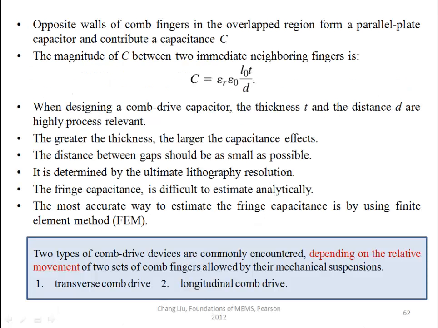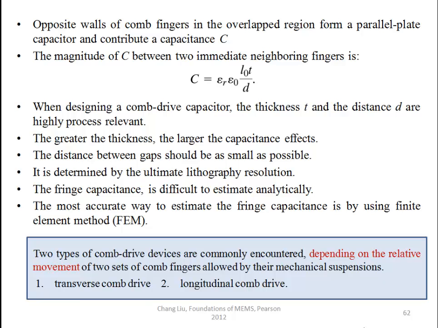Then we can calculate the capacitance value as C equals epsilon R epsilon 0 into A by D. Here A is represented as L0, the overlapping length, into the thickness T, divided by D. That means in an interdigitated capacitor, the capacitance value mainly depends upon the thickness as well as the distance. If the thickness is very high, then the capacitance value will be large.